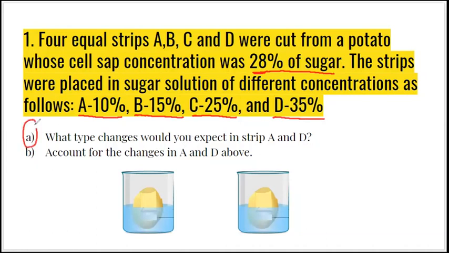What change would you expect in strip A and D? Now we have a potato strip which has 28% sugar solution.